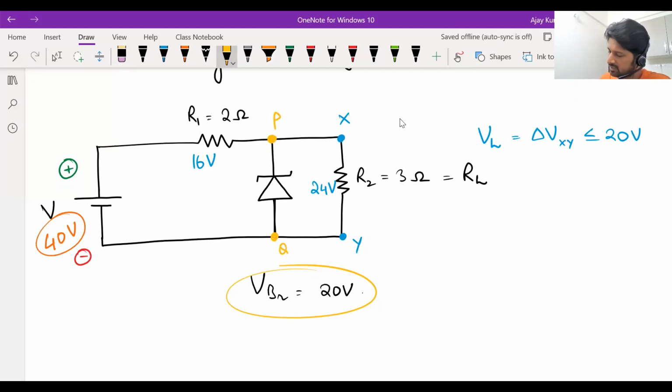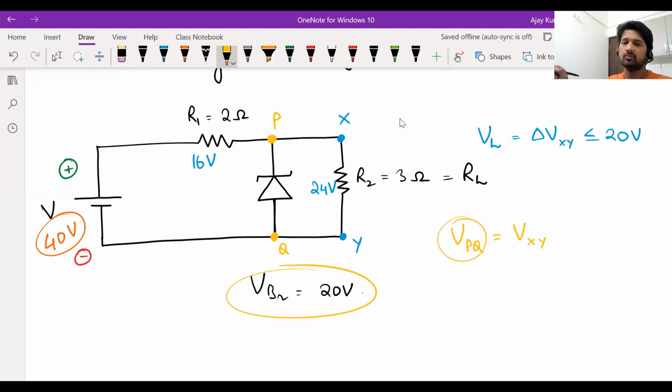Let's call these points P and Q. Voltage between P and Q is the same as voltage between X and Y. And voltage between P and Q is limited to 20 volts. If it tends to become more than 20, the Zener diode will allow the excess current to pass through it.